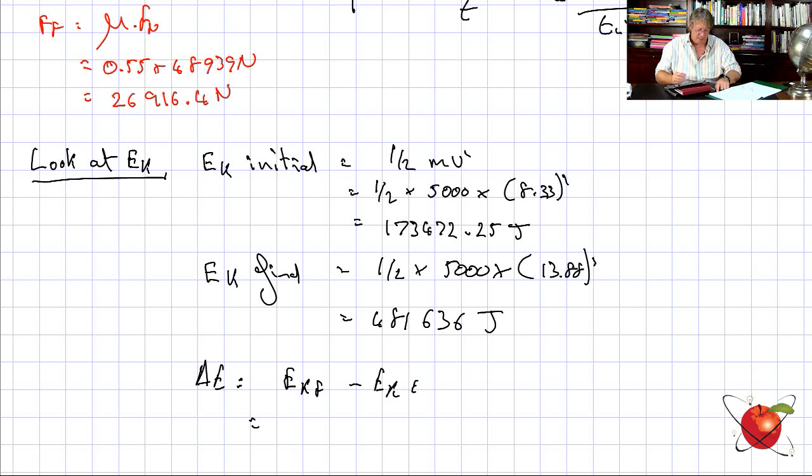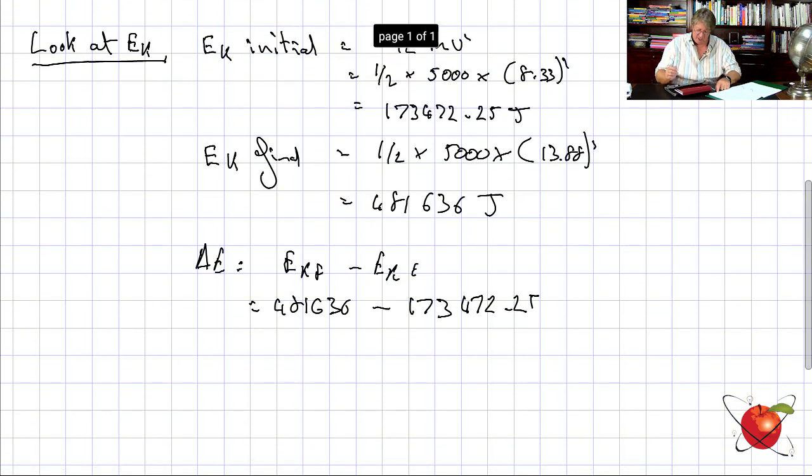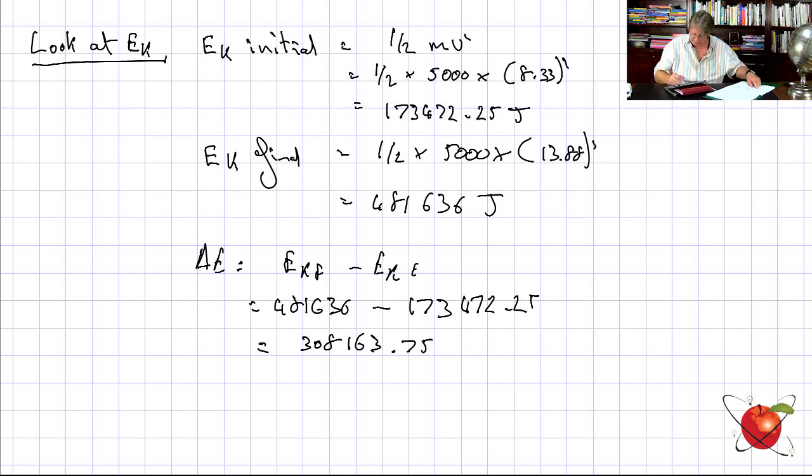Final minus initial is equal to 481,636 minus 173,472.25, and the number we've been waiting for is 308,163.75 joules. Let's just stop for a moment here.